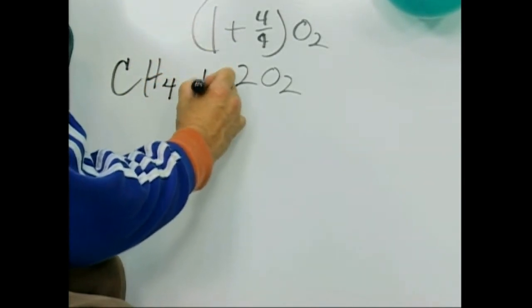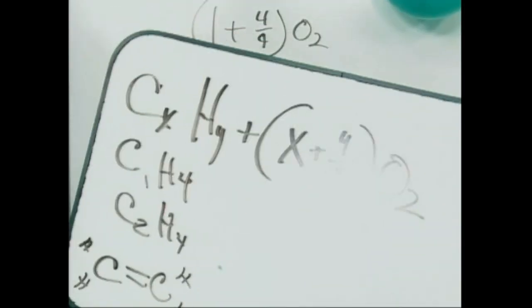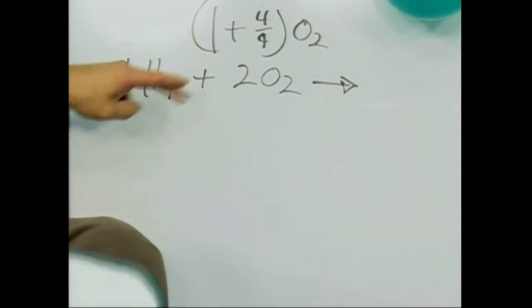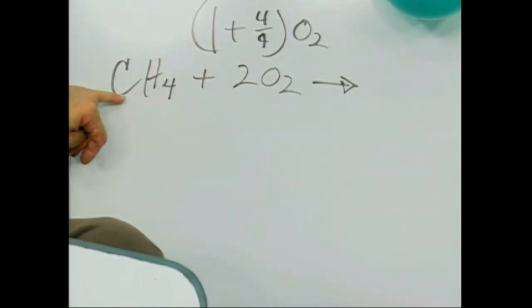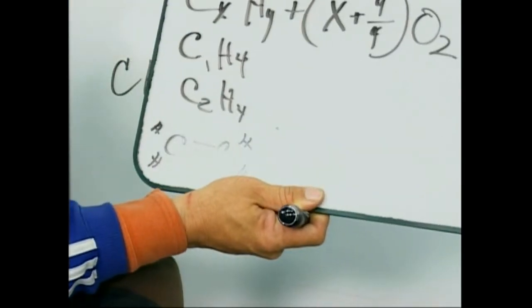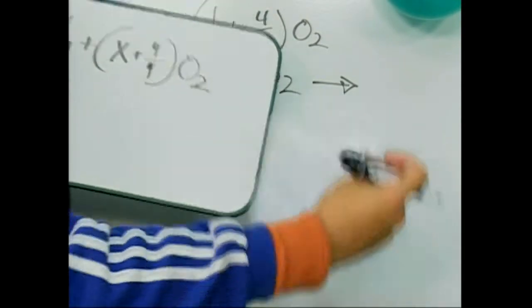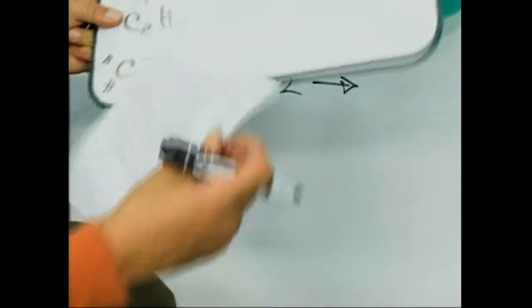CH4. And what's the reason for that? Because if you only had 1 O2, it would have to go, this is confusing me now. There's more to the formula, that's why I'm trying to simplify it.